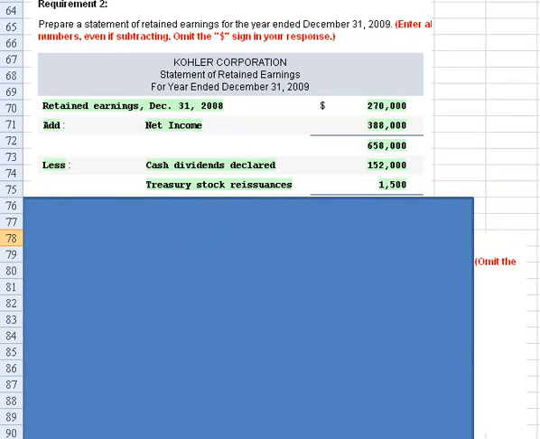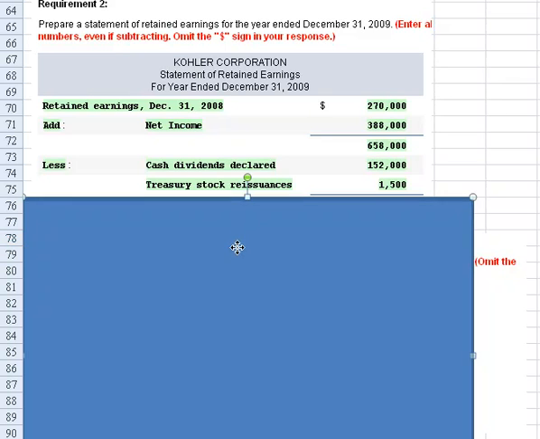Okay, then we also had $1,500 that we debited or reduced retained earnings to reflect Treasury stock reissuances when the proceeds that we received on the reissuance of the Treasury stock was less than the original cost carried in the Treasury stock balance, and we didn't have enough paid-in capital on previous reissuances of Treasury stock to take care of that deficit, if you will, or difference between the current reissuance price and the historical cost of the Treasury stock.